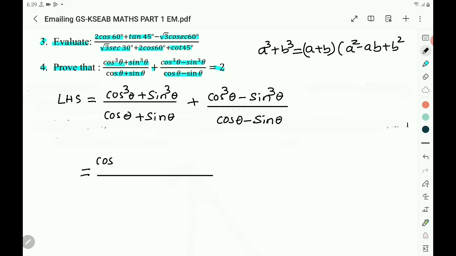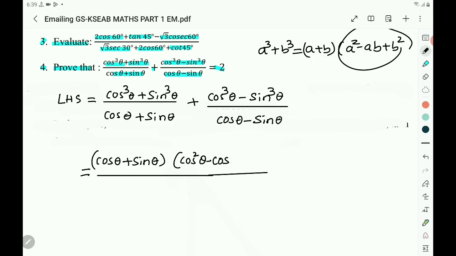First factor, cos theta plus sin theta. And the other factor is a square minus ab plus b square. A square means cos square theta, minus ab means cos theta into sin theta, plus sin square theta, by cos theta plus sin theta.